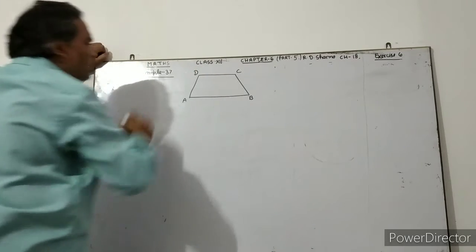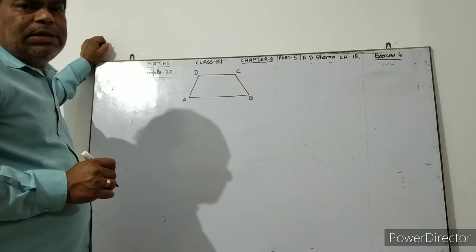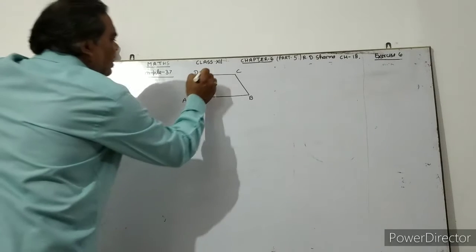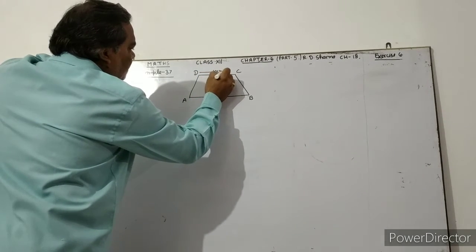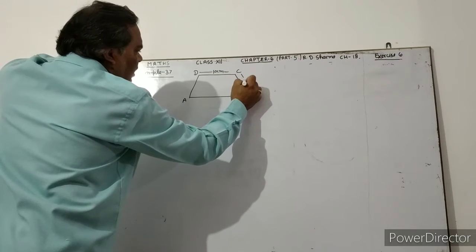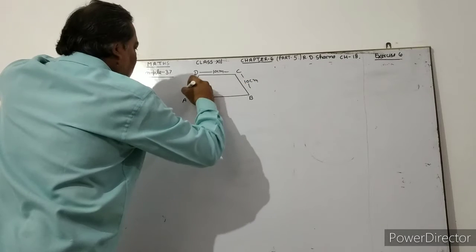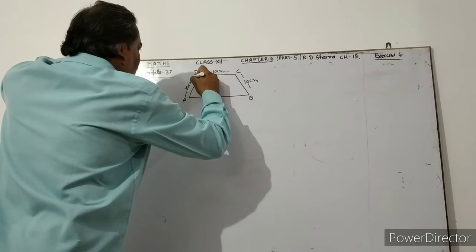If the three sides of the trapezium other than base are 10 centimeter, this means it is given, this is 10 centimeter, this is also 10 centimeter, and this is also 10 centimeter. Now, what is the question?